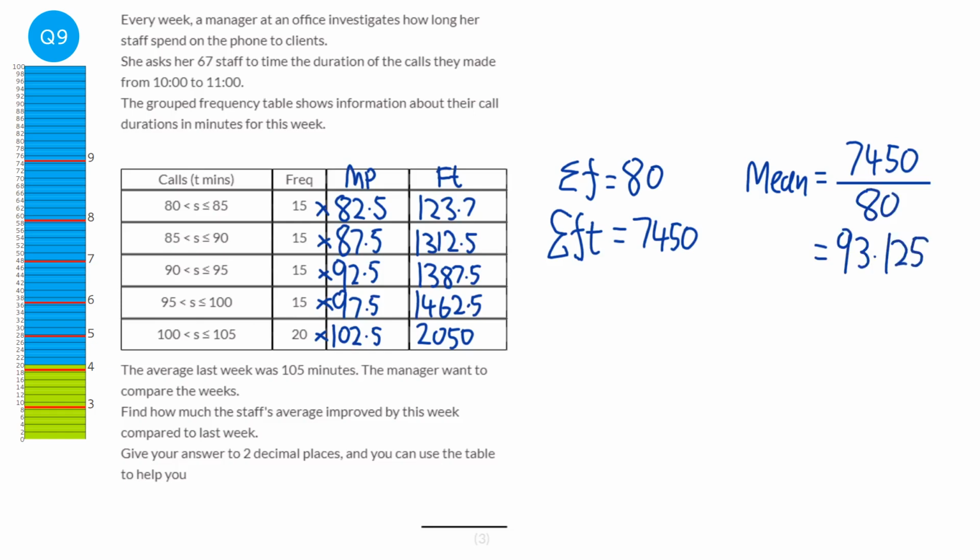So when you do that, we get 93.125. Now this question is about the improvement that the manager has made to the call centre. So we're looking at subtracting the 93.125 away from the last week, which was 105. So we're looking for improvement.